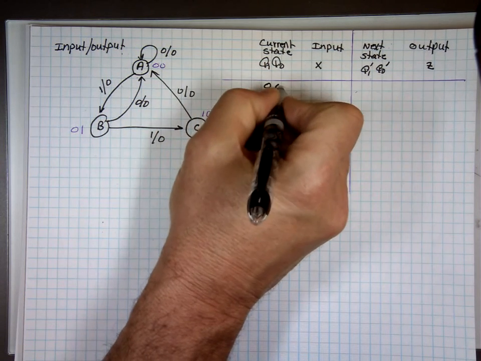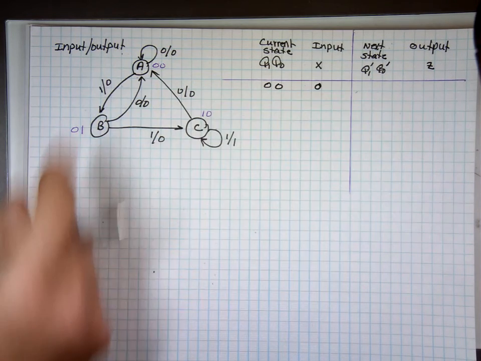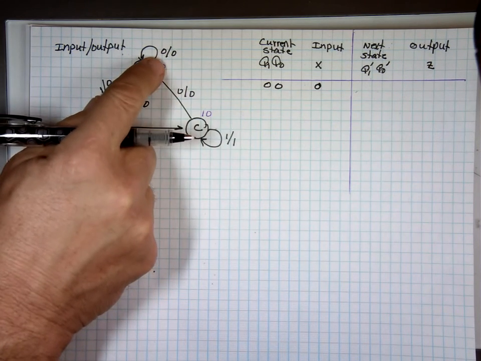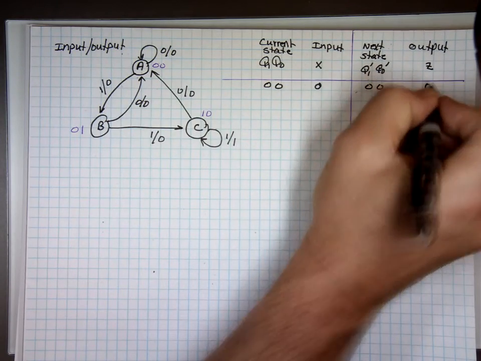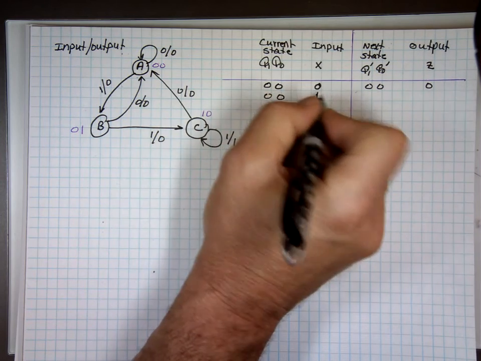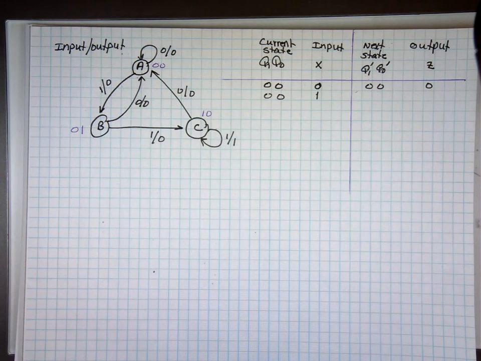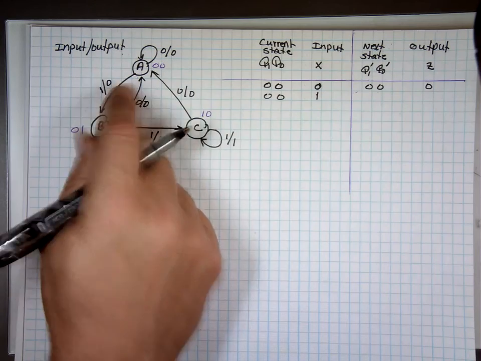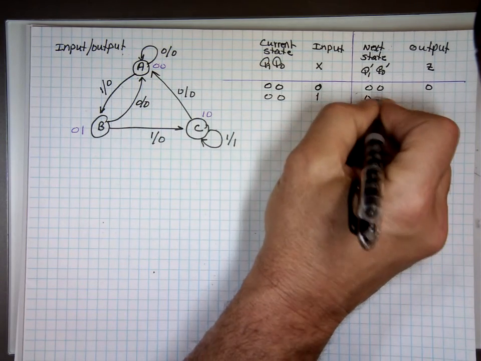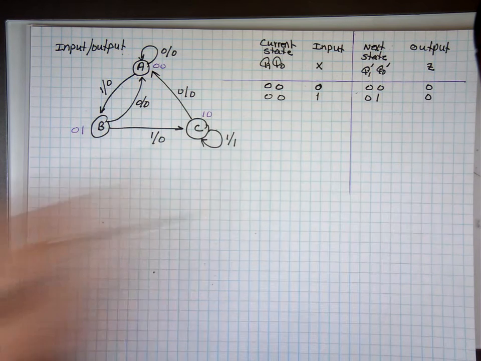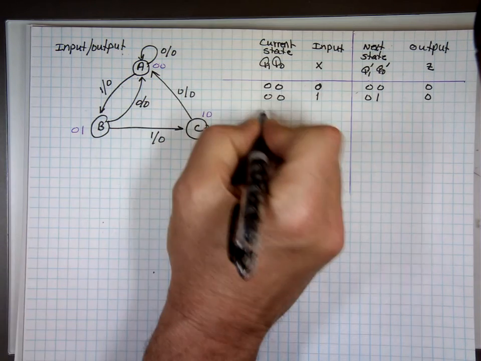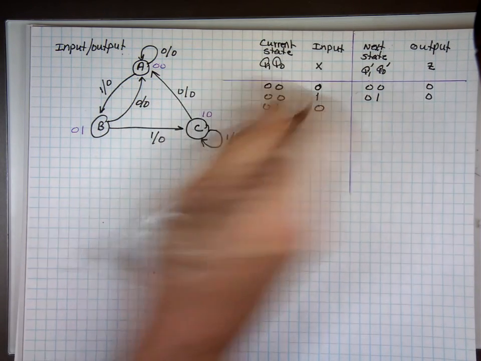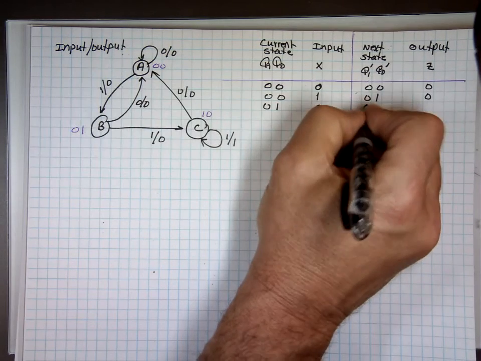And I put in nothing. According to this, what happens? You stay there and you get nothing. If I'm at 0, 0 and I put in a 1 here, it looks like you go to B and you get nothing. B is 0, 1 and you get nothing. If we are at state B, which is 0, 1, and you put a 0, you go back to A, which is 0, 0, and you get nothing.